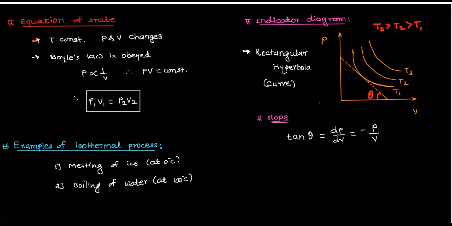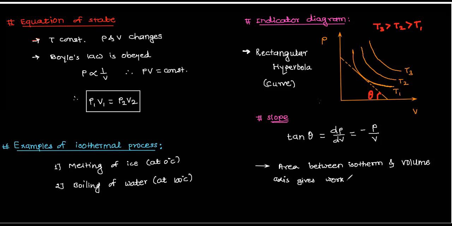So let's move ahead. Next point here. Let me first write this line: the area between the isotherm curve and the volume axis gives work done.